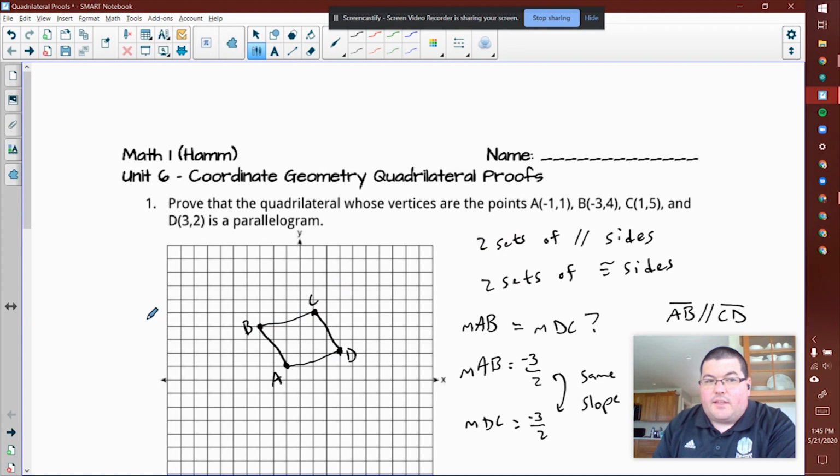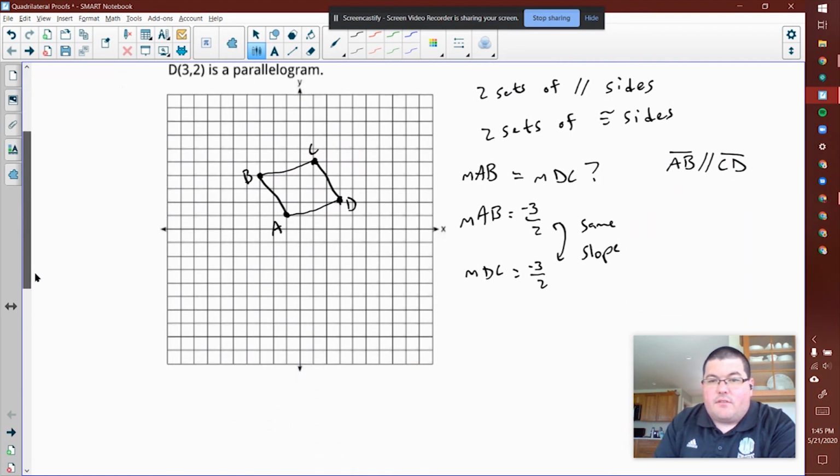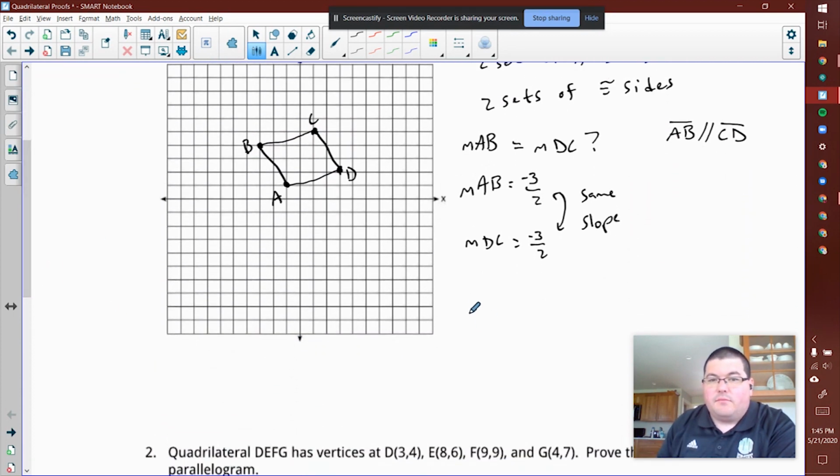Let's take a look at the other set of parallel sides. Are these, in fact, parallel? What's the slope of BC? The rise is 1, the run is 4. What about AD? The rise is 1, and the run is 4.